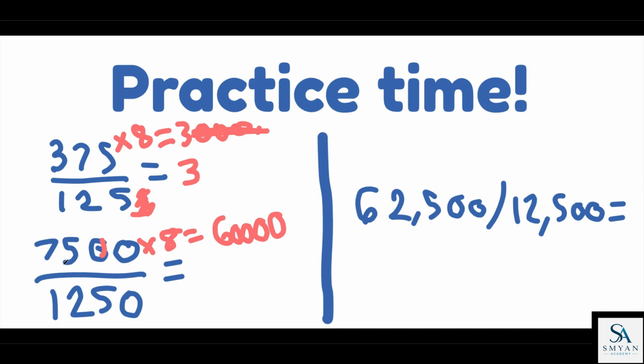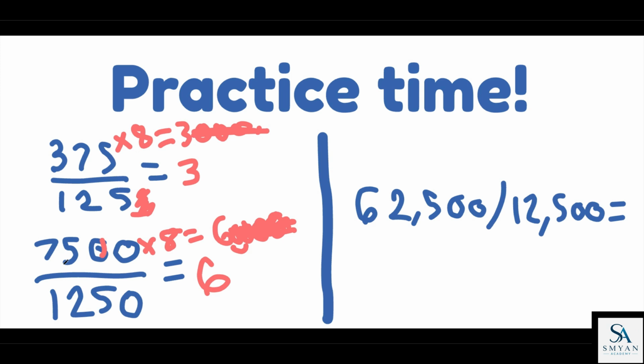After 60,000, we know we have to divide by 1,000, getting rid of 3 zeros. And then we have to shift the decimal 1 spot, so that gets rid of this 0, so all the zeros are gone, and your answer is 6. Done. Now let's move on.